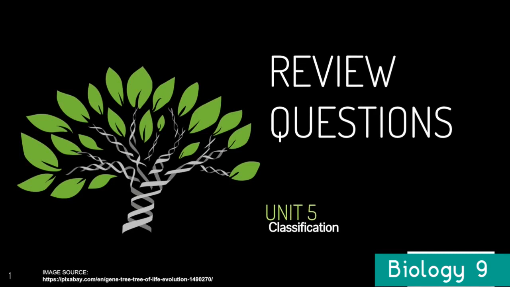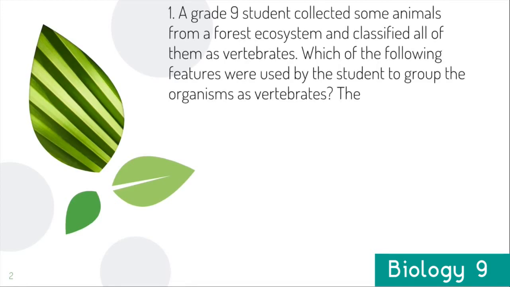Question 1. A grade 9 student collected some animals from a forest ecosystem and classified all of them as vertebrates. Which of the following features were used by the student to group the organisms as vertebrates? A. Absence of kidney as an excretory organ. B. Presence of an exoskeleton.